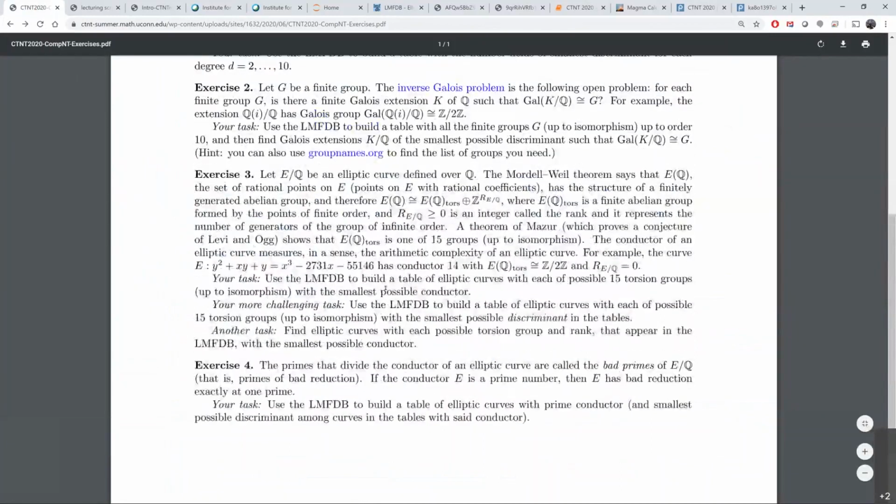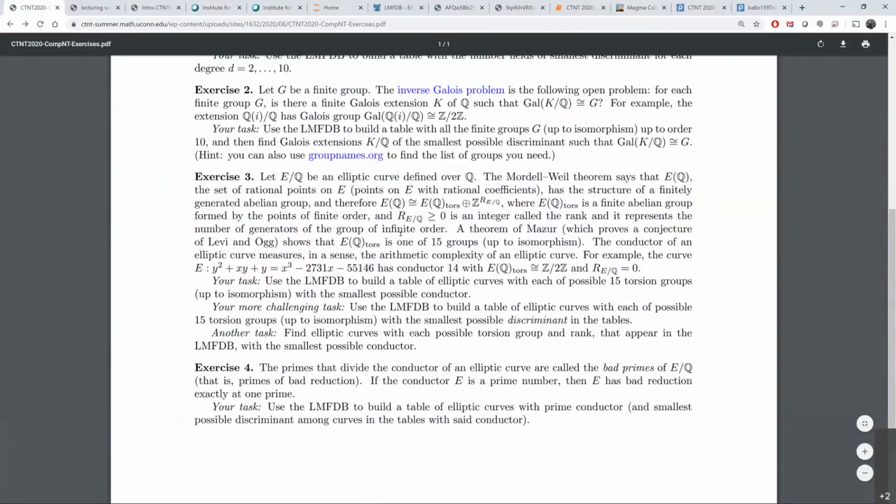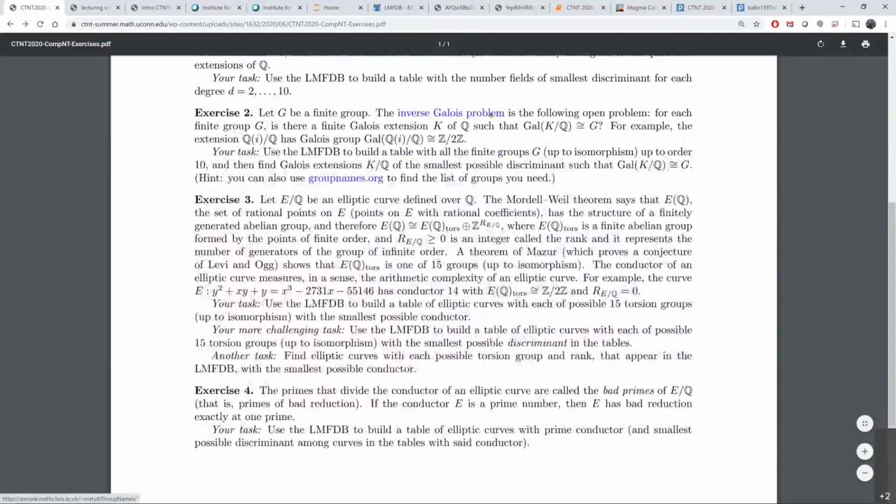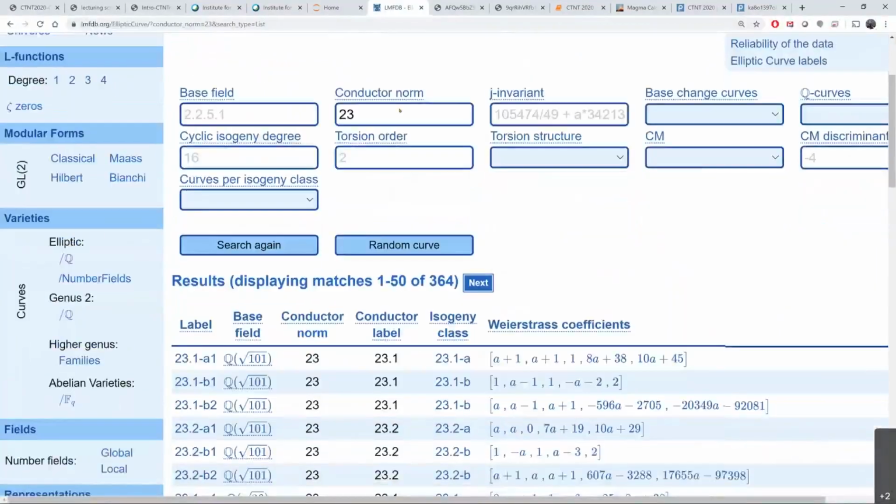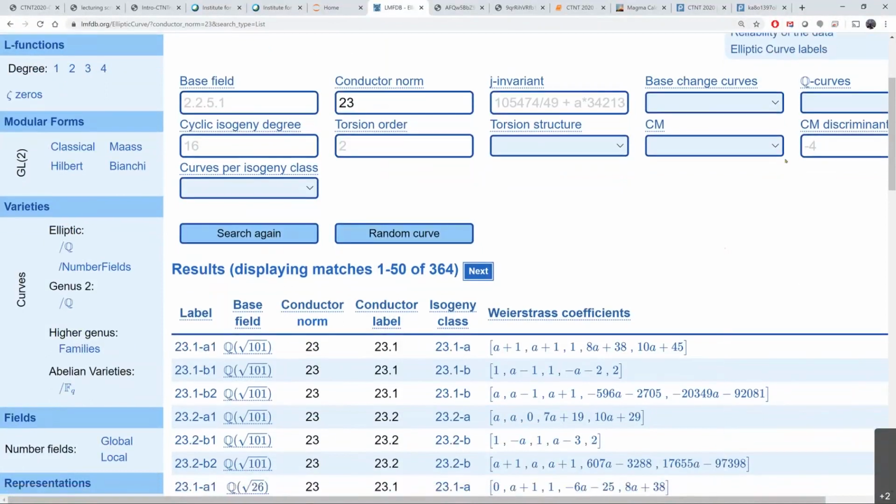All right, so those are just some of the questions that one can start looking at using LMFDB, just to compile tables of data that are beyond what they have, examples that are smallest in some form. So if you organize your data in some way, can you find the smallest such example?